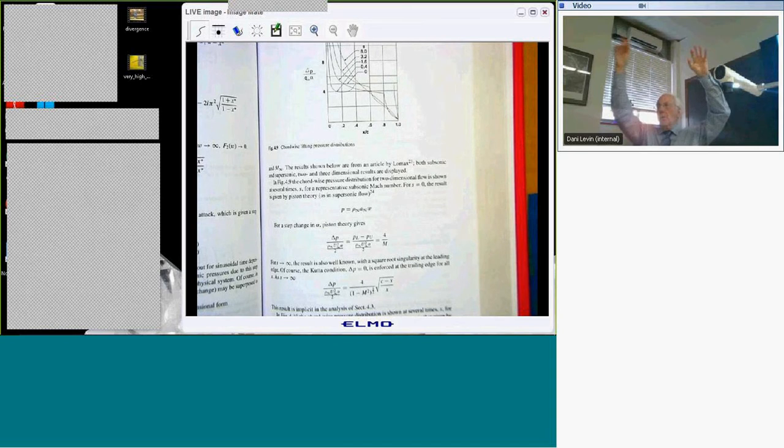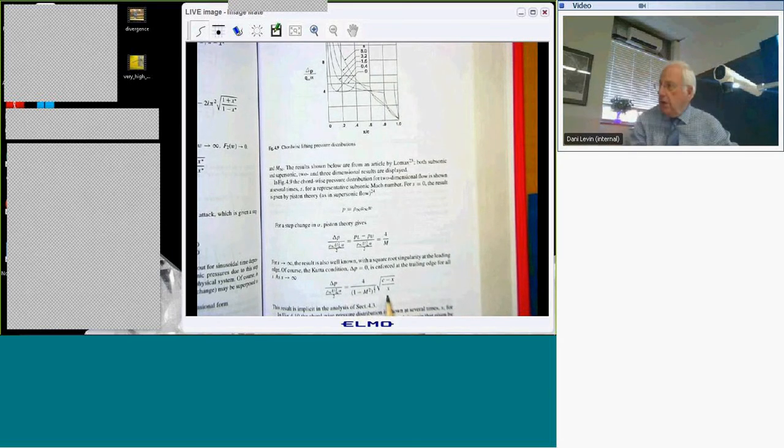Piston theory says it's uniform throughout the chord, and then, of course, drops to 0. So you could say that it's still maybe the Kutta condition. But you see it really when you go to large times, so that the pressure goes to 0 at the trailing edge, but it blows up at x equals 0. But it blows up like 1 over the square root of x, which if you integrate with respect to x gives you a finite value of lift.